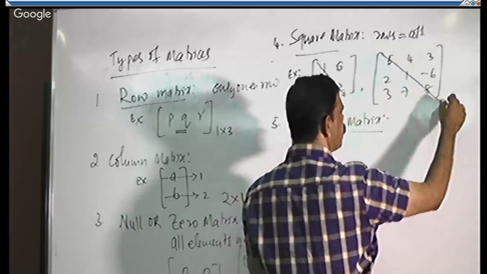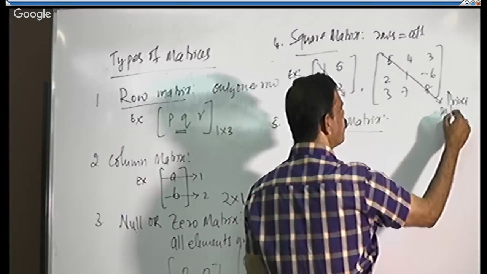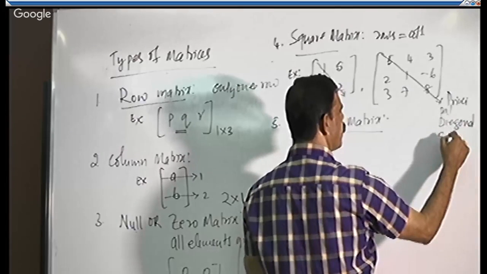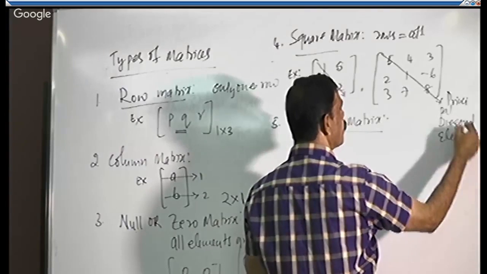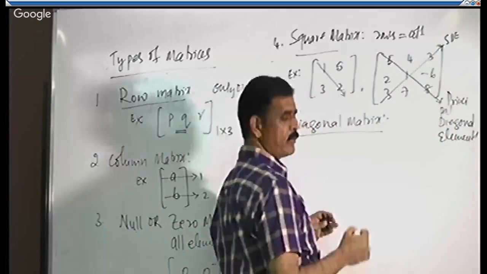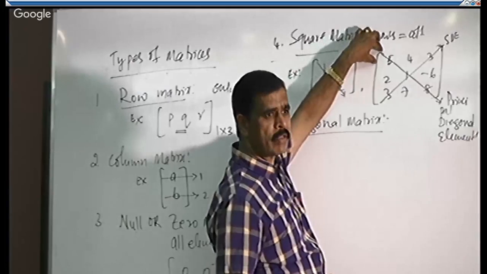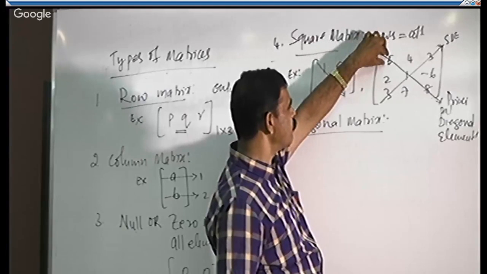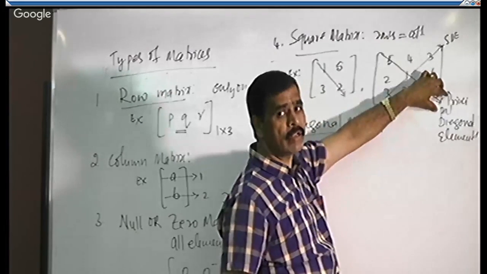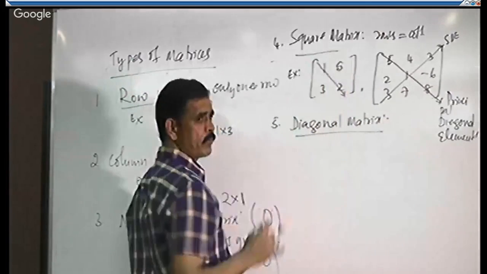These are the right diagonal, or we can also call principal diagonal elements. These are the secondary diagonal elements. Principal diagonal elements are nothing but the elements which lie along the diagonal. The diagonal starts from the first and moves to the right. Hence it is called right diagonal elements.